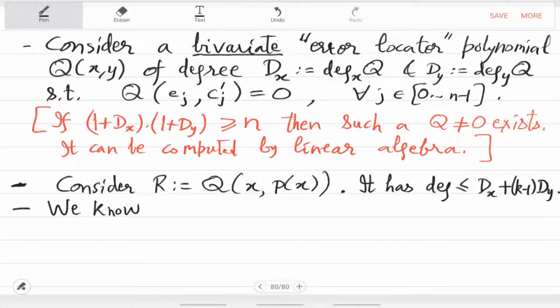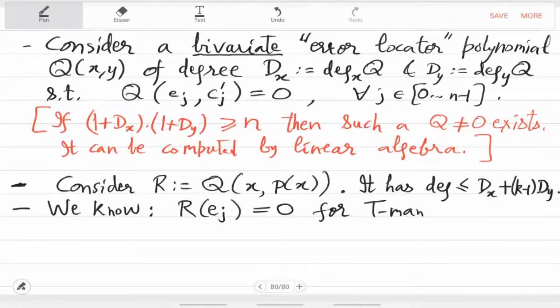So we know that R at least at some of the Ejs does vanish, for t many j in 0 to n minus 1. Right, this is the hypothesis. We have not fixed dx, dy, t, we will do that in the end, but some guarantee has been provided that t many positions are correct.